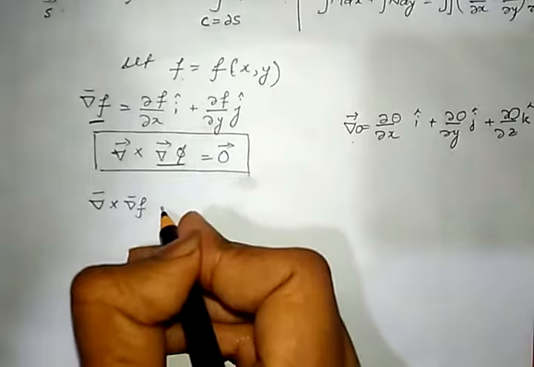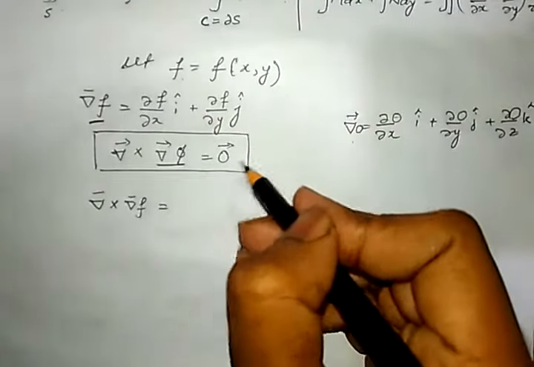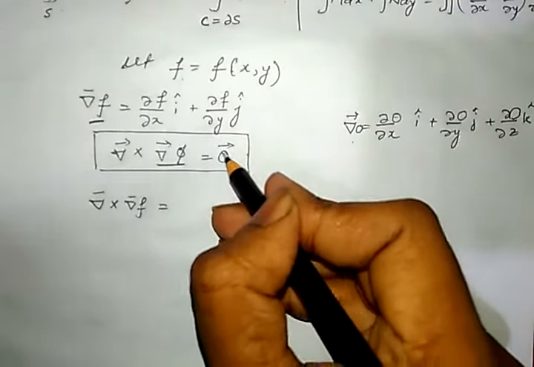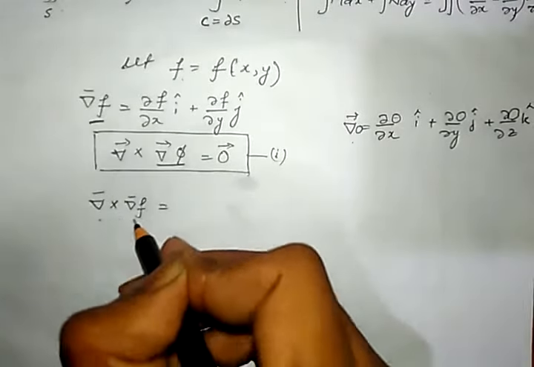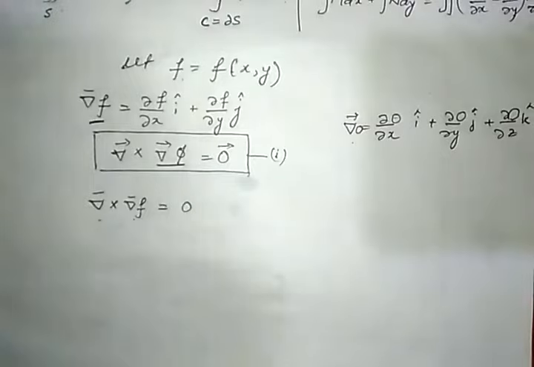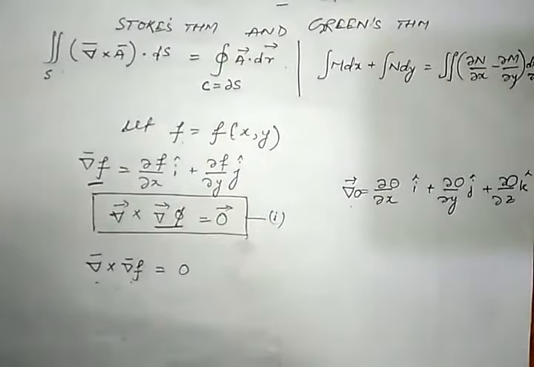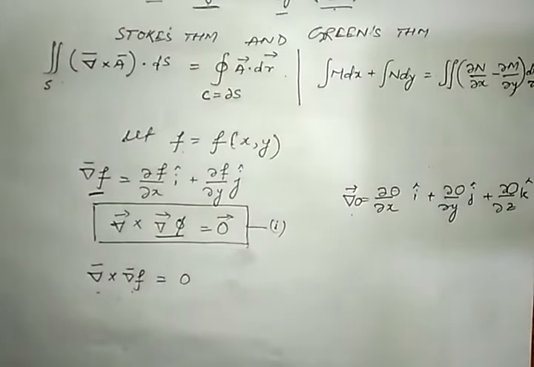Okay, and since this is an identity, from this we can say that curl of grad f is always going to be 0. Now, where else does curl come in our proof?